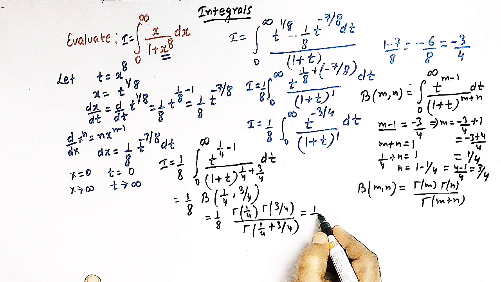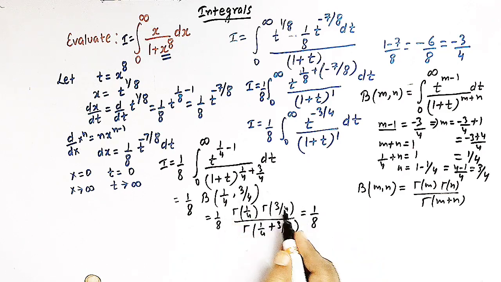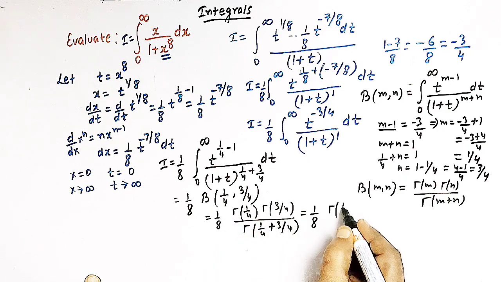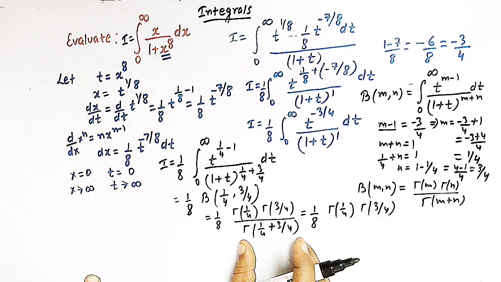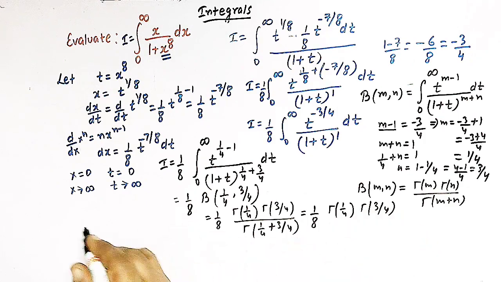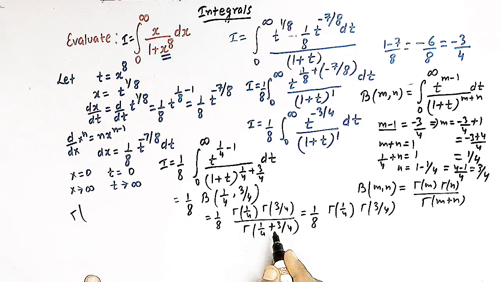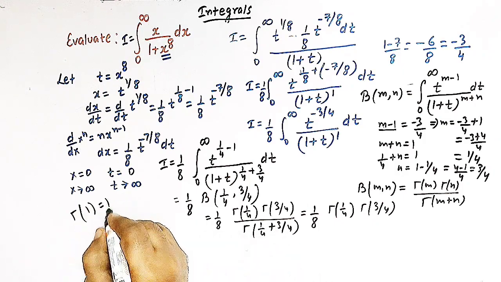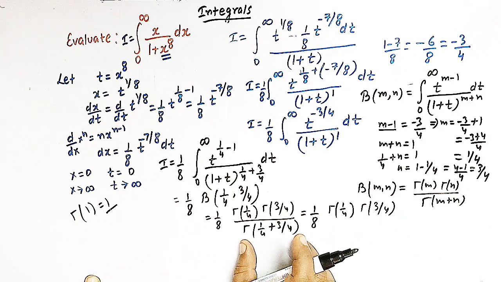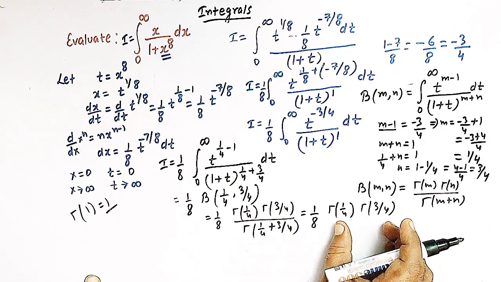So let us simplify this expression. We have gamma 1 by 4 and gamma 3 by 4. And in the denominator we have 1 because 1 by 4 plus 3 by 4 is 1 and gamma of 1 is 1. So in the denominator we have 1.